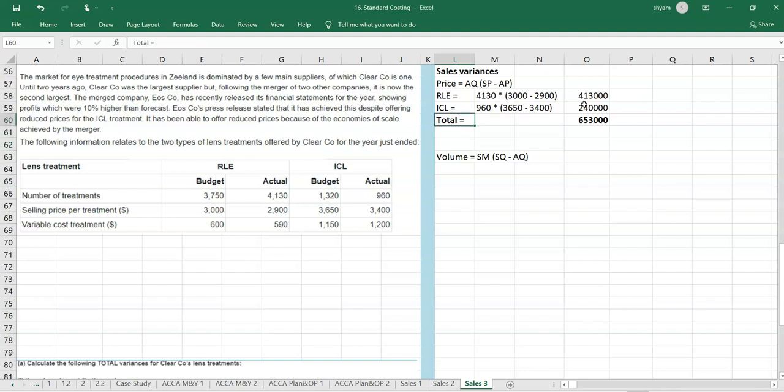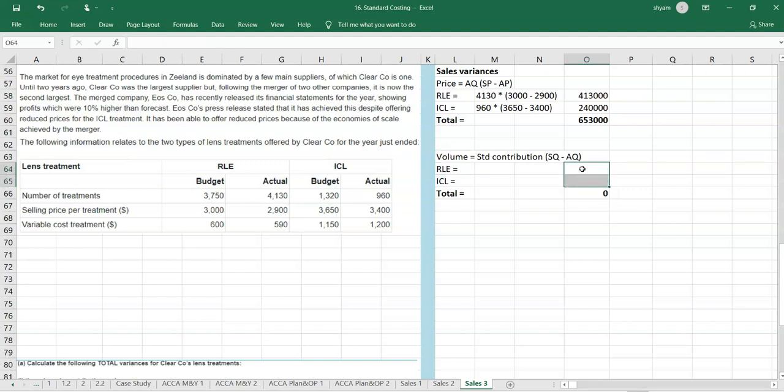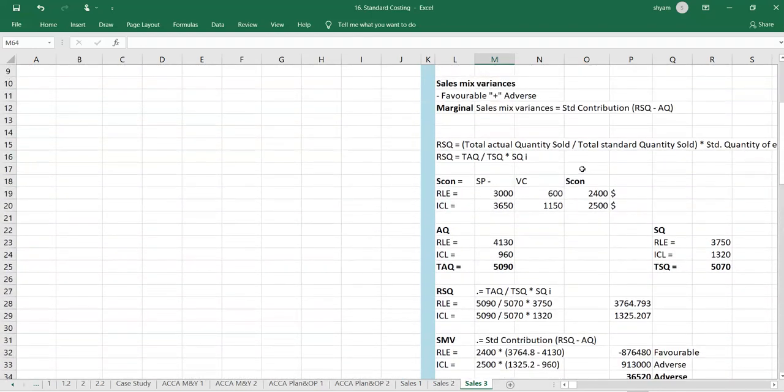So also let's do it for the volume variance. Volume variance is standard contribution. Standard contribution, I think we already have it, so we'll copy it from the top.